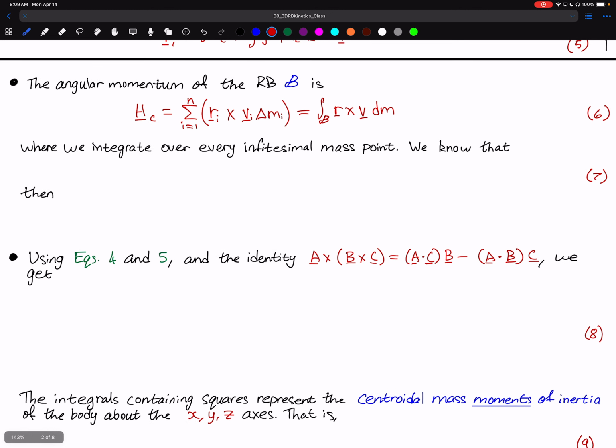Okay, so we know that v sub i is equal to the velocity of the center of mass plus omega crossed with r sub i, or just r if we want.